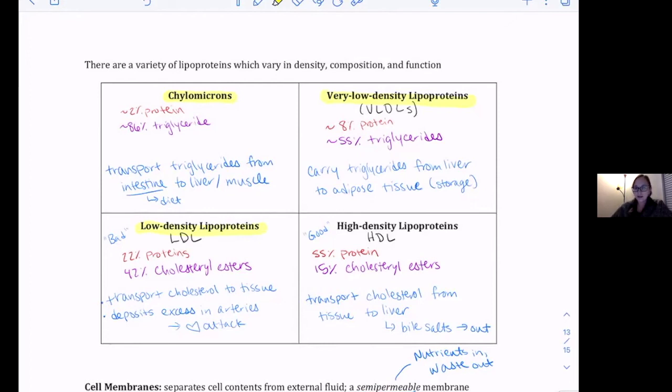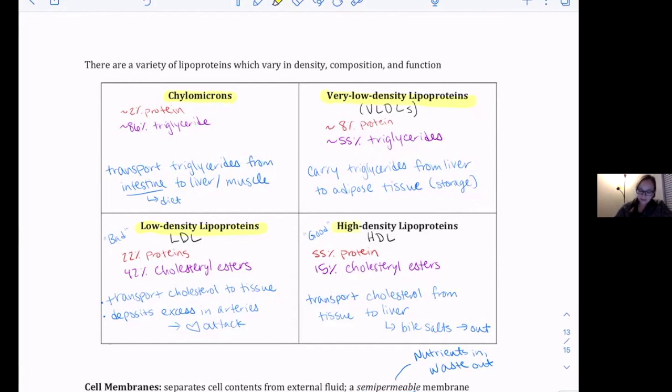So this is how you transport that cholesterol around your body, and that's the reason it's bad, because if they get trapped or there's extra cholesterol in your blood, there's a lot of these low density lipoproteins, and that's what could cause your heart diseases and those diseases that we've talked about before. So what these do is transport cholesterol to your tissues, and they deposit excess in your arteries. So that's what causes your heart attacks, just like we talked about.